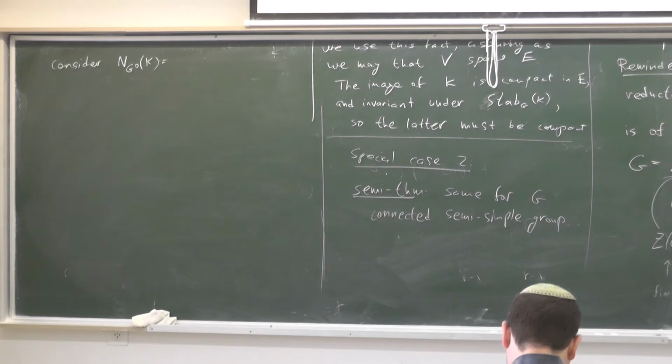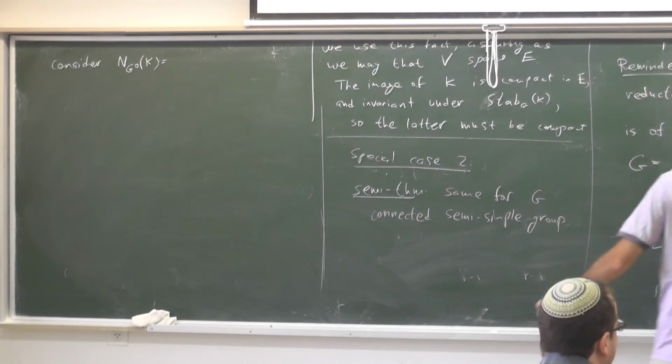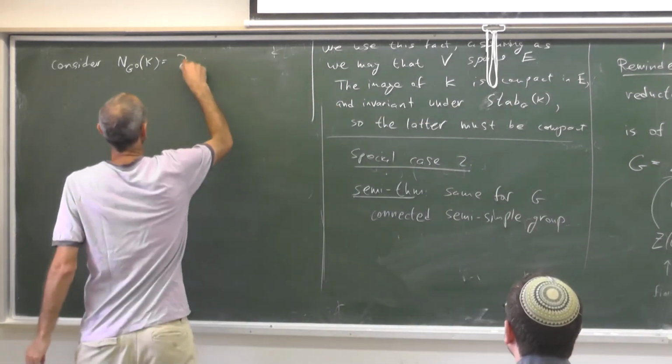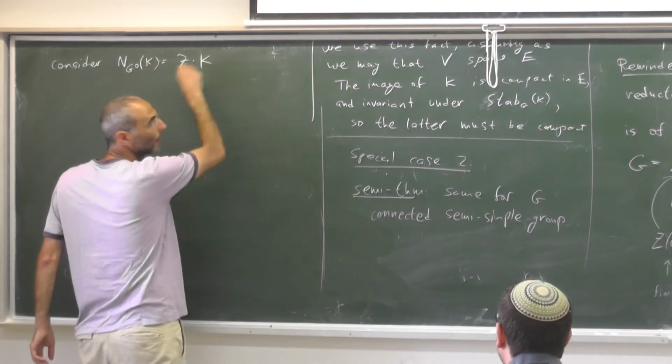And in the center, what normalizes K is everything, because it's central. So this is the whole Z times K.